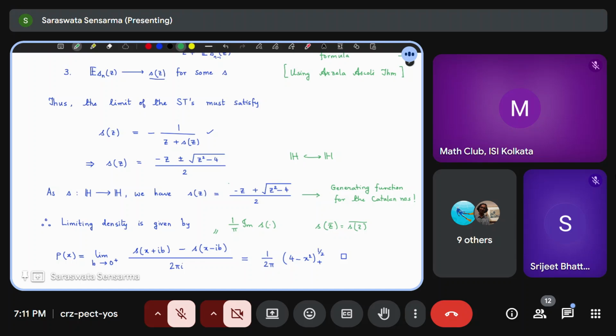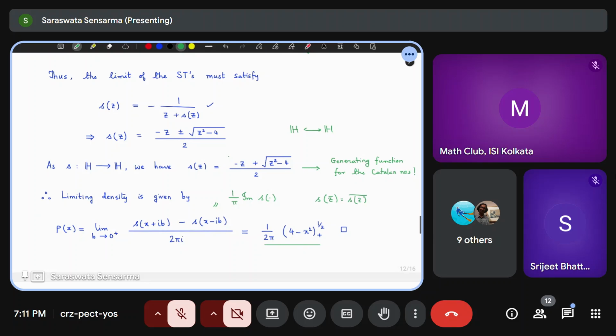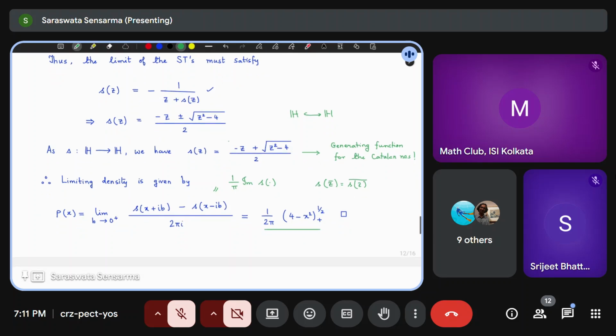And if you do that, you get an expression for rho x, for our semicircle density. This is a way in which you can extract the semicircle density out of it.